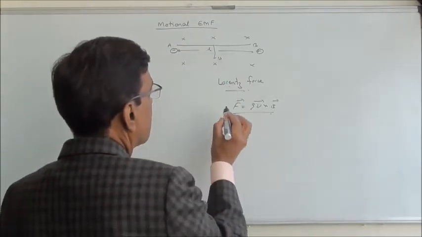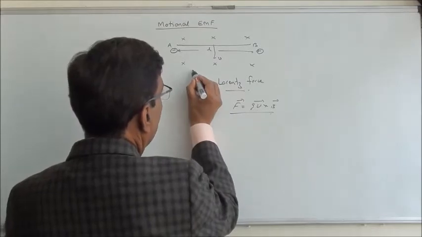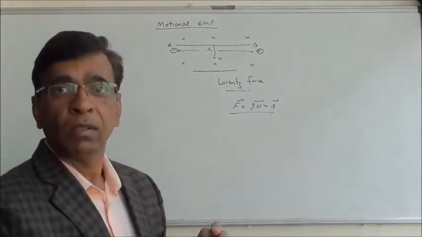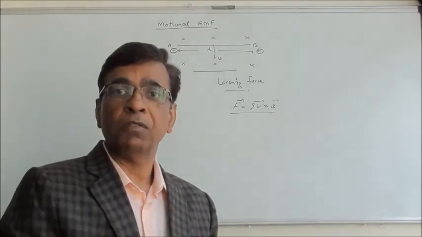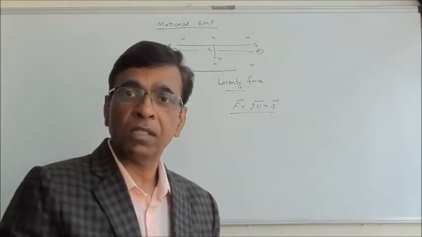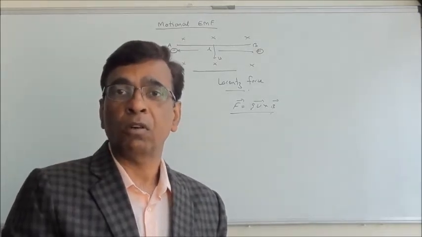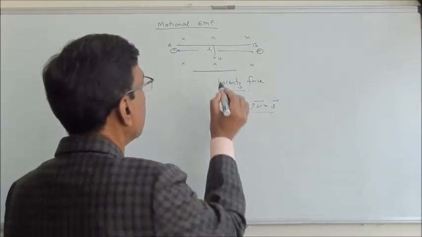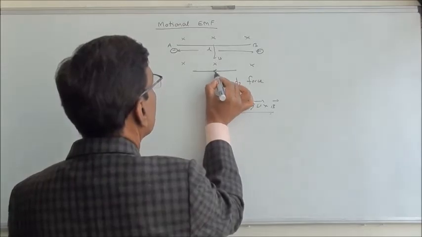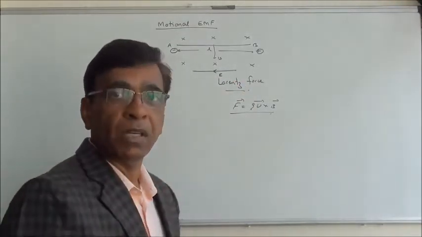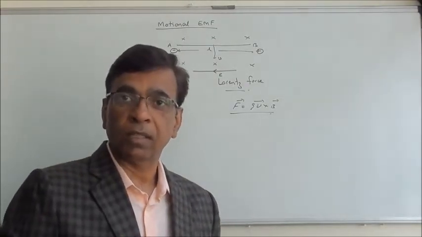An electric field is set up. What is the direction of the electric field always? We find out the direction of force on a positive charge, and whatever is the direction of force on the positive charge, that is the direction of the electric field. Electric field is this. And electrons experience force opposite to the electric field.